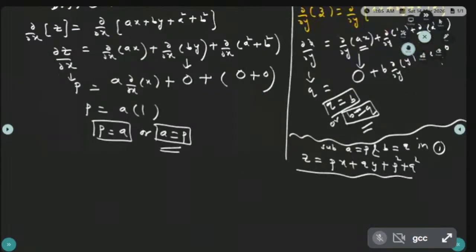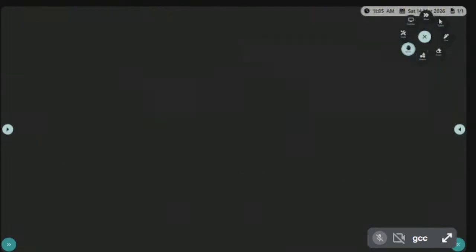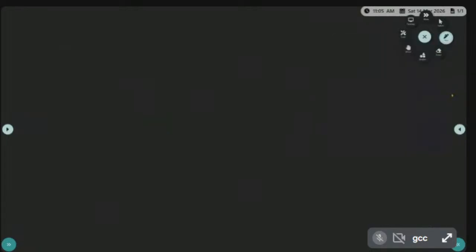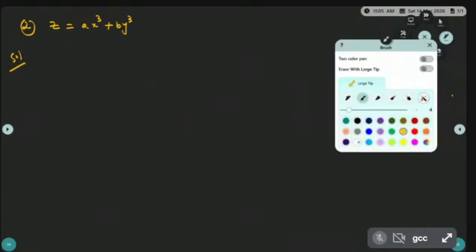Last, form a differential equation. Form a differential equation by eliminating a comma b from z equal to ax cube plus by cube.